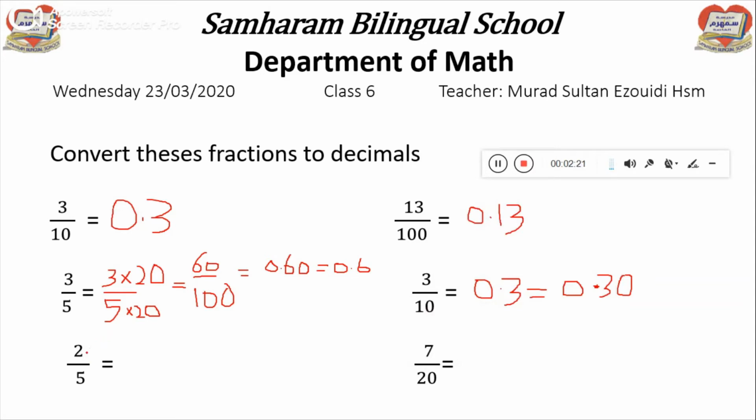You can multiply this by 2, and the denominator also by 2. So it will be 4 divided by 10. Now you can change this to decimals. It will be 0.4, and also equal to 0.40.